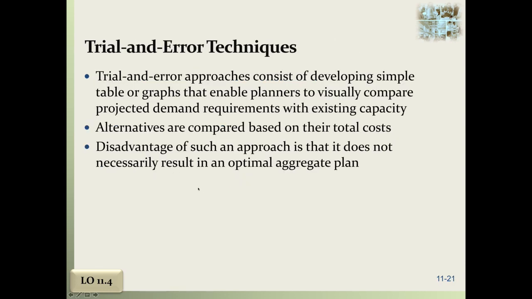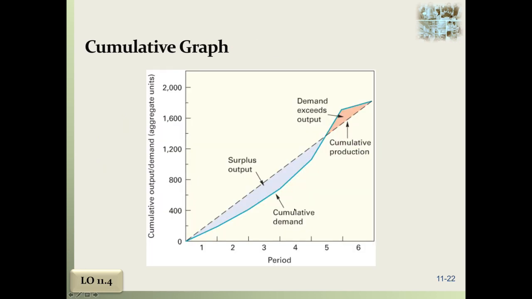There are also trial and error techniques, which consist of developing simple tables or graphs that enable planners to visually compare projected demand requirements with existing capacity, and then alternatives can be based on their total cost. The disadvantage is that it doesn't necessarily result in an optimal aggregate plan. Then they show an example graph of your cumulative output and aggregate units over time in each of the periods.